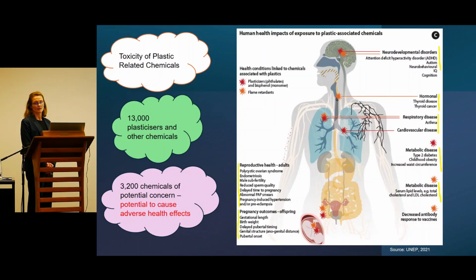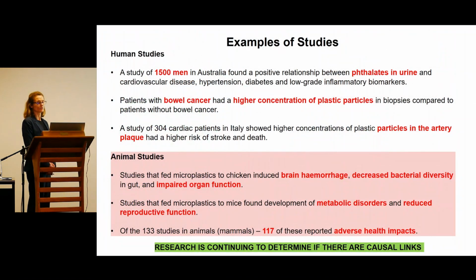Which then leads me to give you a few examples of what has been completed. A study in Australia looked at 1,500 men and found a relationship between the concentration of phthalates, which are your plasticizers, and cardiovascular disease and hypertension.